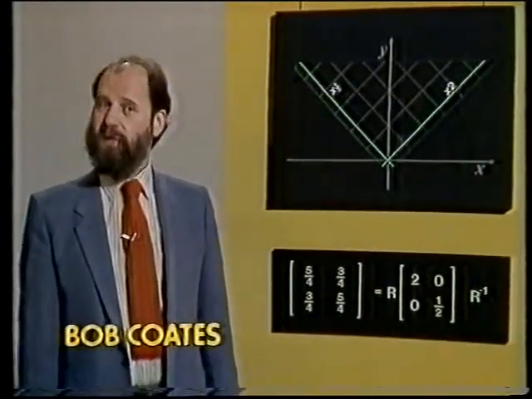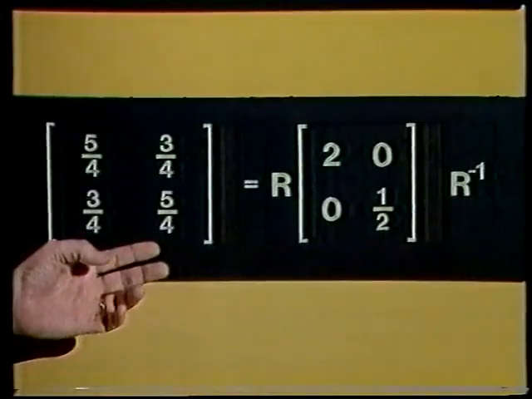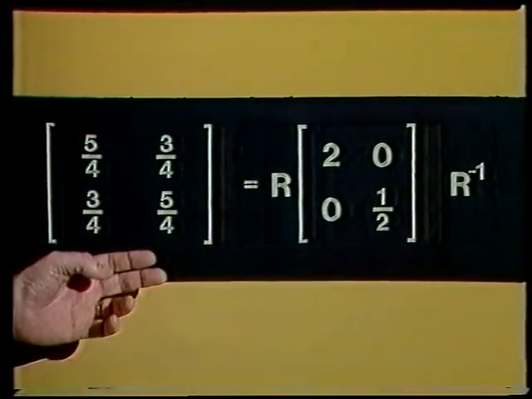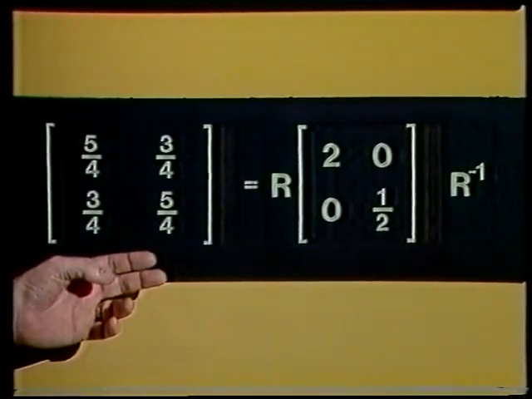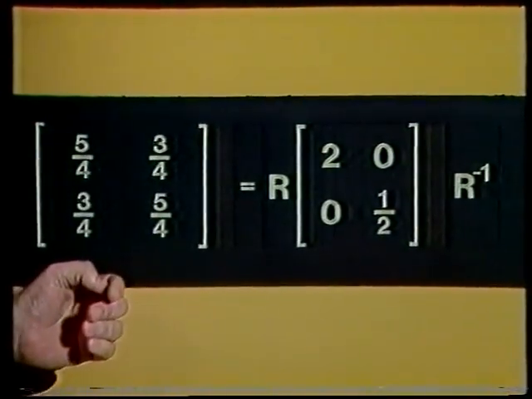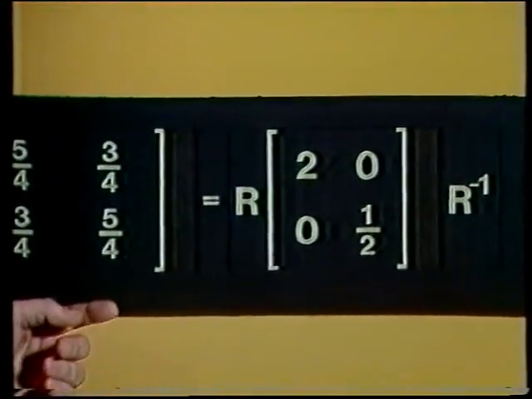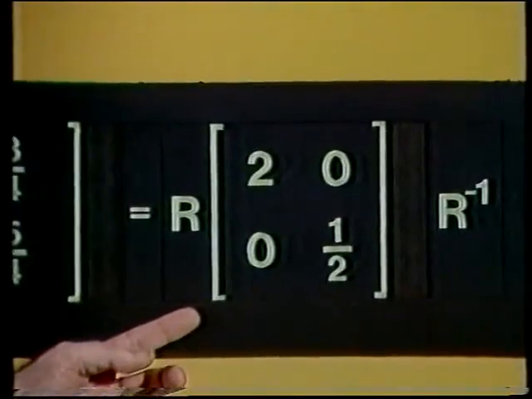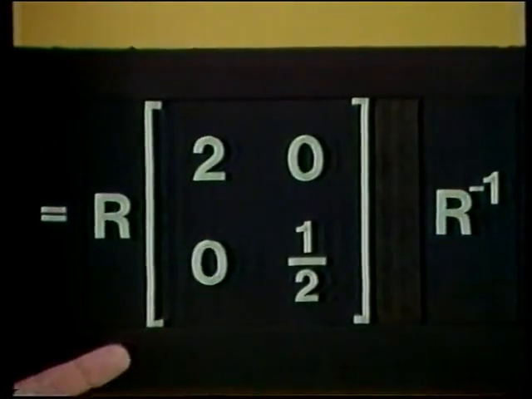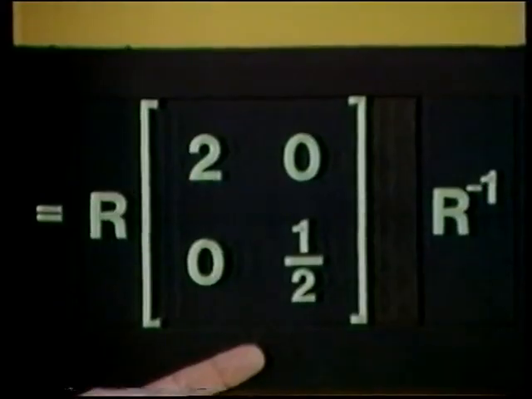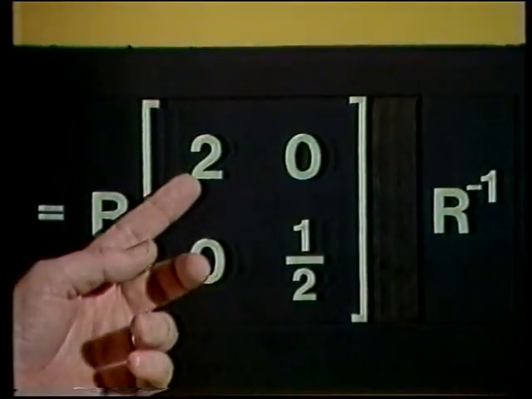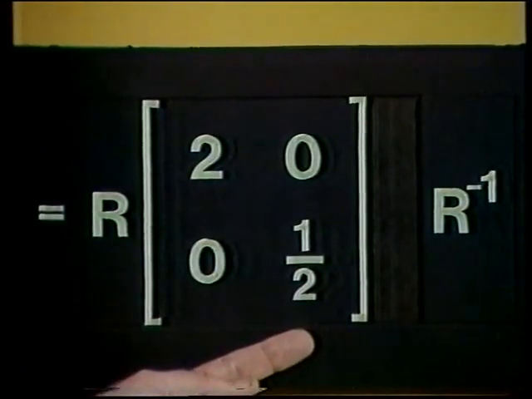Well, in section 1 of the unit, you saw that this matrix can be expressed as the product of three matrices. There's a rotation through the angle pi over 4, and I've called that matrix R. Next, there's a matrix which has terms on the diagonal, which are the eigenvalues of the original matrix.